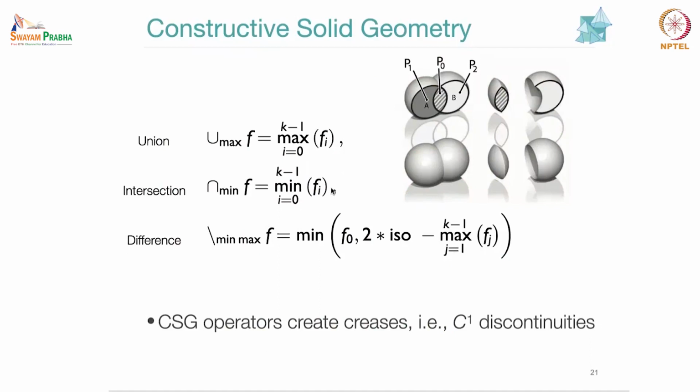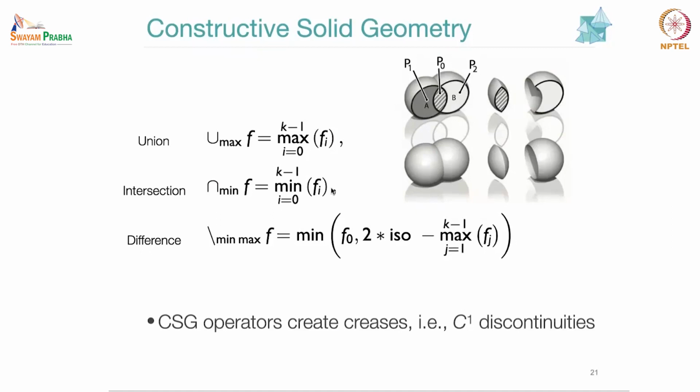In our case, k equals 2. So you just take a max, and that's my union, the max of the implicit function value. Because there is no explicit surface; it's all implicit.